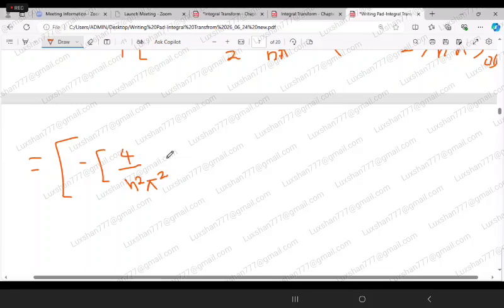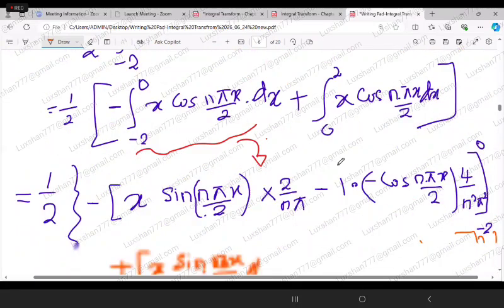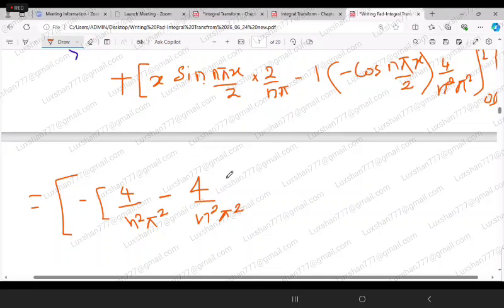Therefore I will get minus 4 over n squared pi squared. Cos n pi is equal to minus 1 to the power n. Please try this one, okay? Minus 1 to the power n. Then plus.